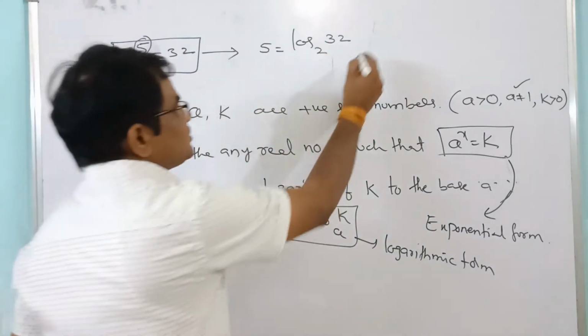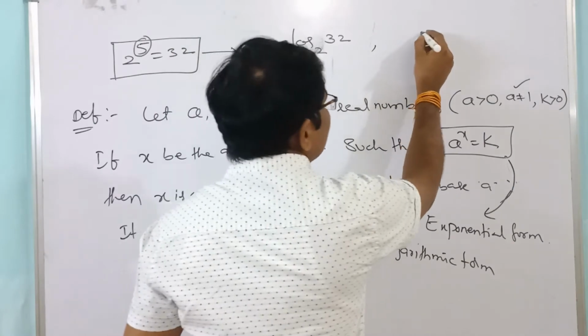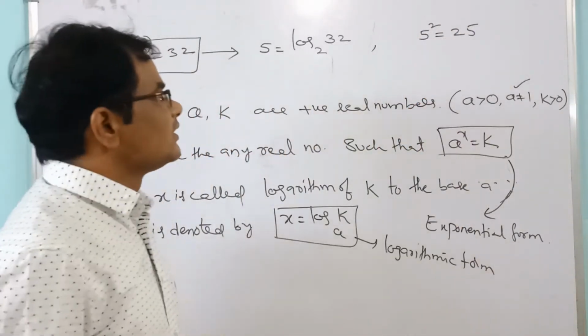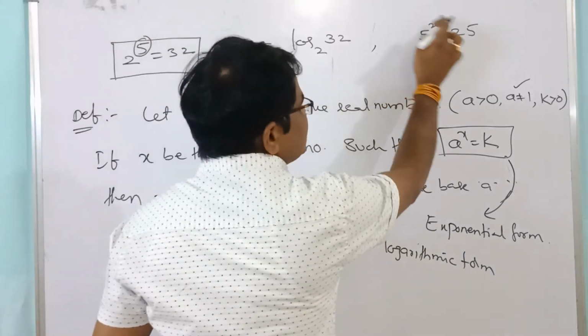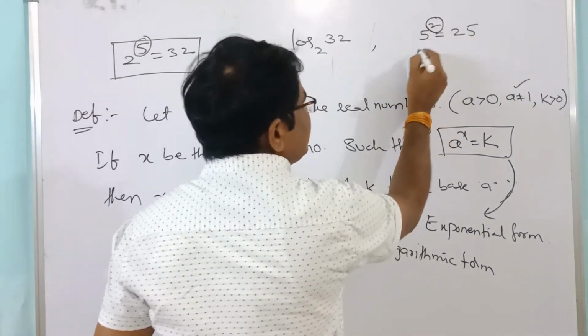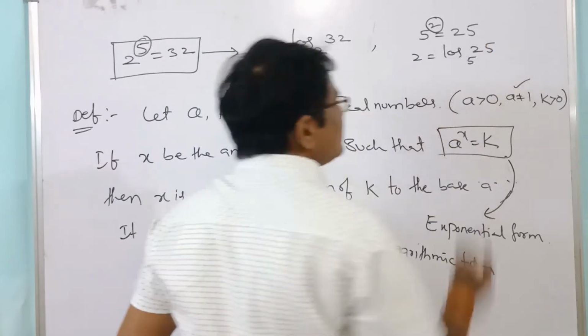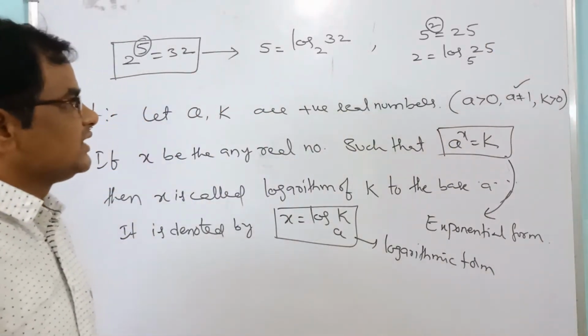right? Next, suppose 5 square equal to 25, a power x equal to k, this 2 can be written as log of 25 to the base 5, right?